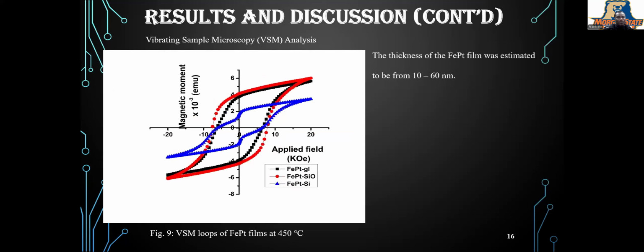At this region, the film exhibits soft phase magnetic properties, while at this region, the increased coercivity of the film exhibits the hard phase region.